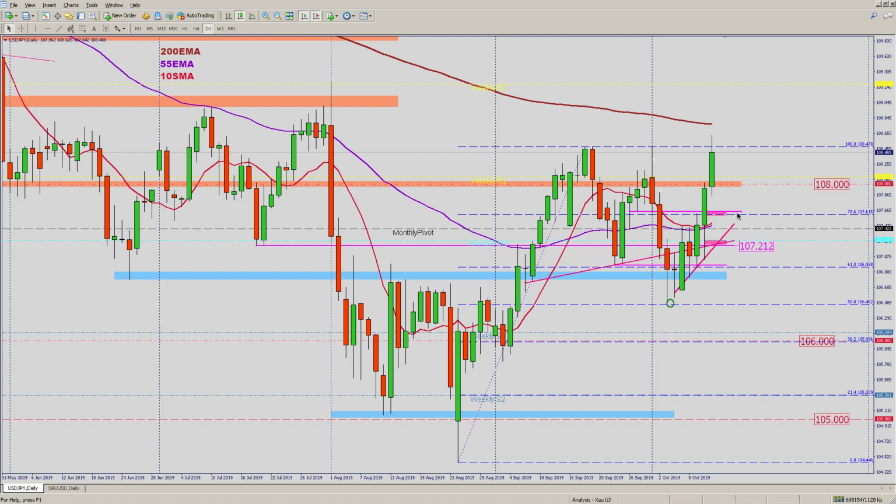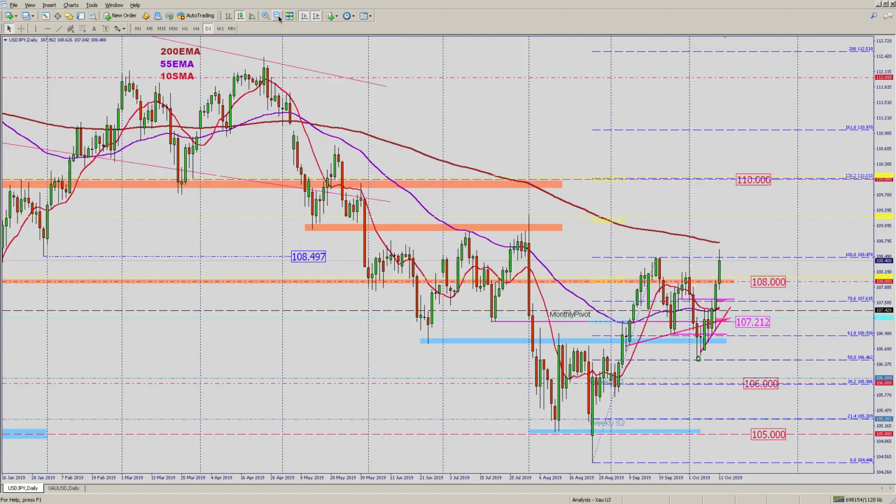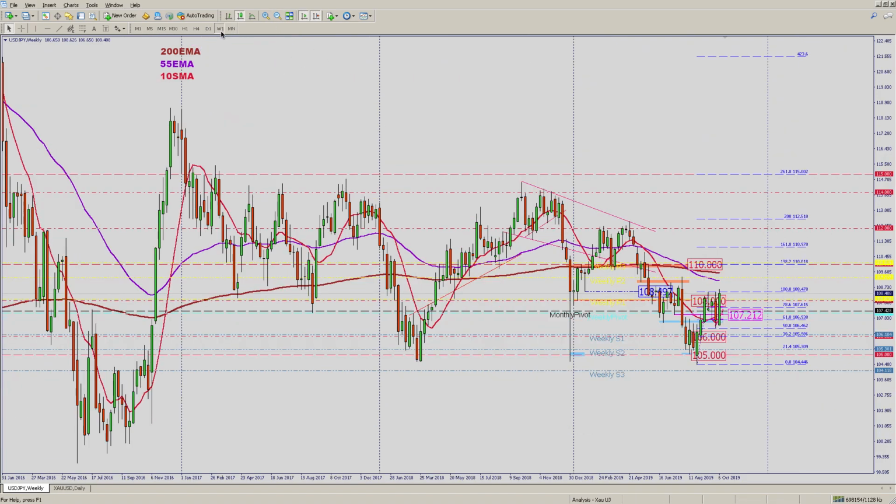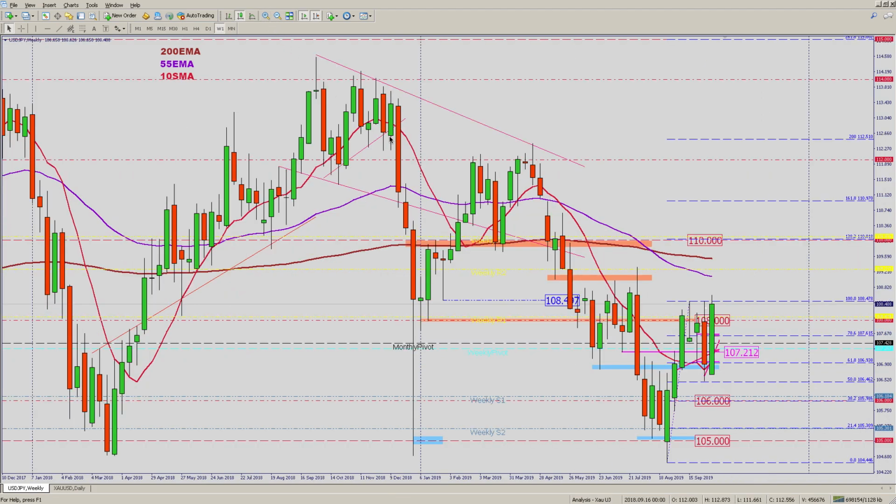And there was an ascending triangle that was forming that it broke out from on the Thursday. Let's take a look at the weekly time frame, and you can see that it's a very bullish move that reversed the previous week's move.